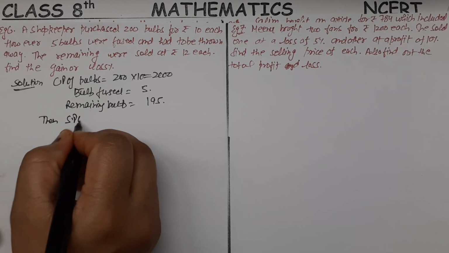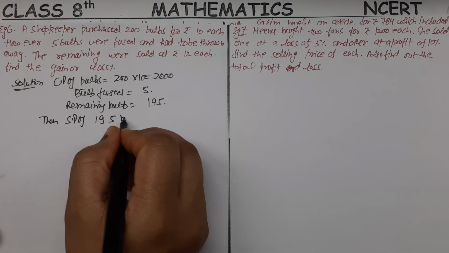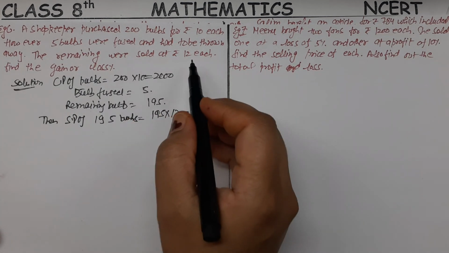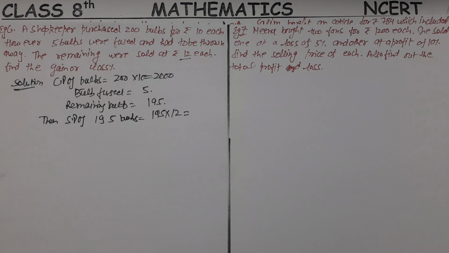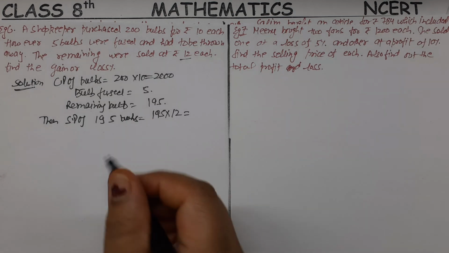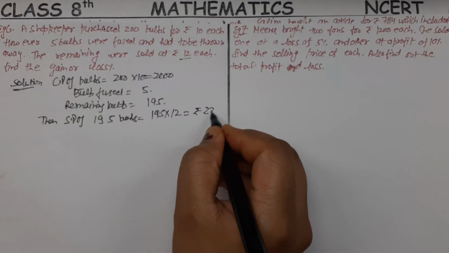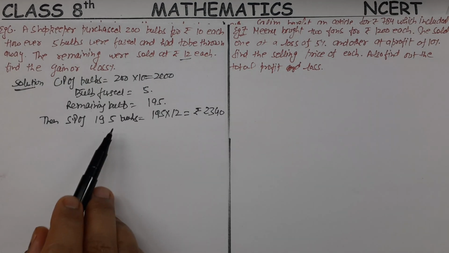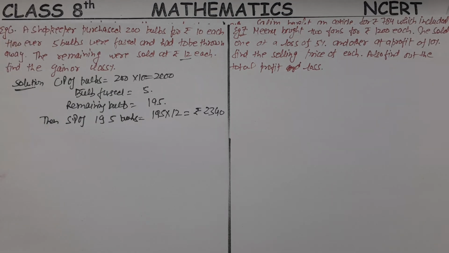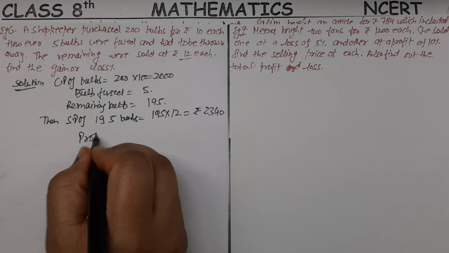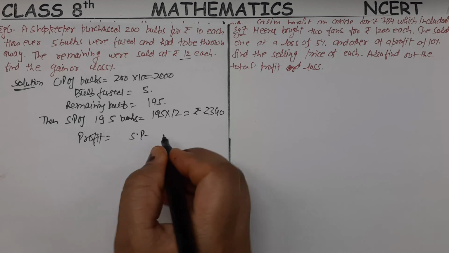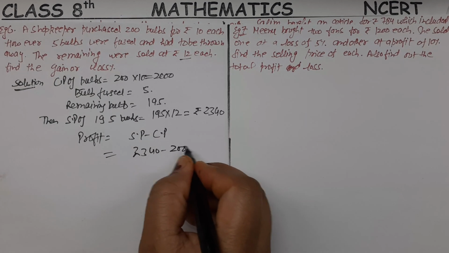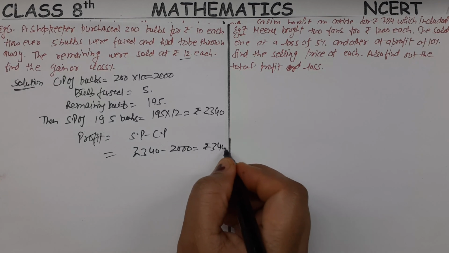Then selling price of 195 bulbs is 195 into 12, because selling price of one bulb is rupees 12. After multiplication we have 2340. Here SP is greater than CP, that's why profit. Apply formula SP minus CP. Profit of rupees 340.